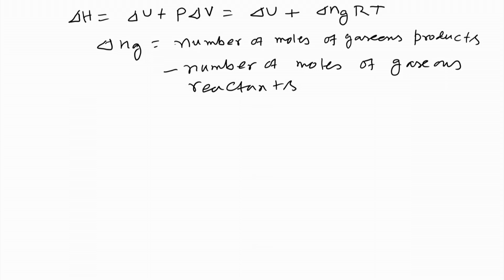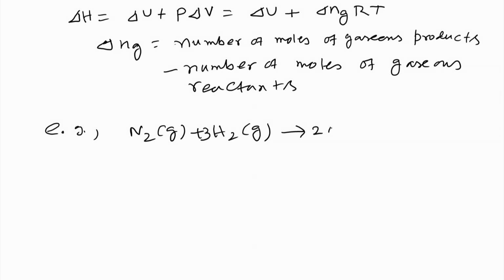For example, when 2 moles of nitrogen react with 3 moles of hydrogen, both in gaseous states, to produce 2 moles of ammonia gas, in that case delta Ng is 2 minus 5.